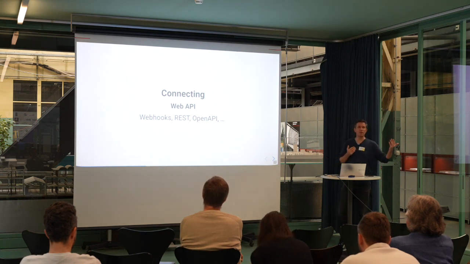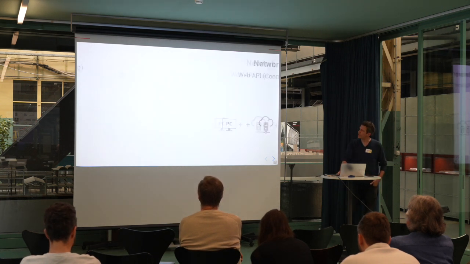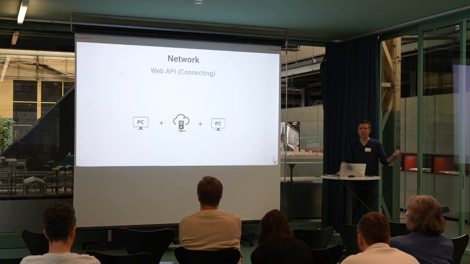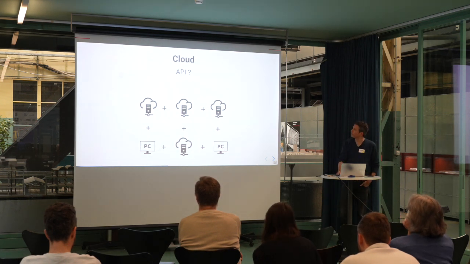You have the application API, and today we are more dealing with web APIs to connect the software, to connect the data. So we extend from the desktop era, where we have files and software, and then we connect through the network. Today we are clearly at this cloud moment where we have to connect all this technology together.